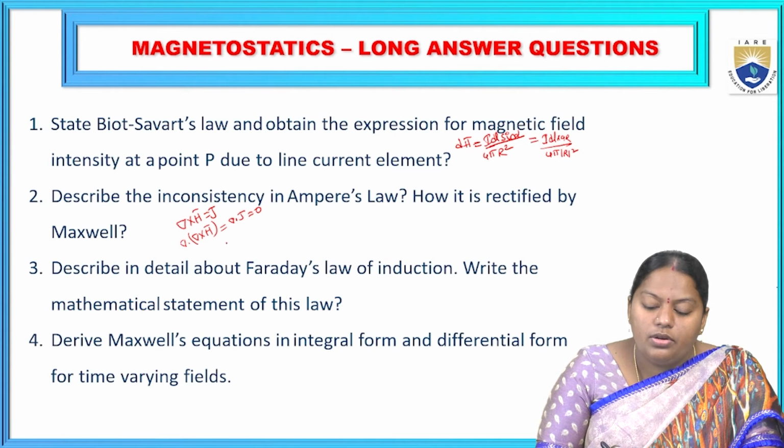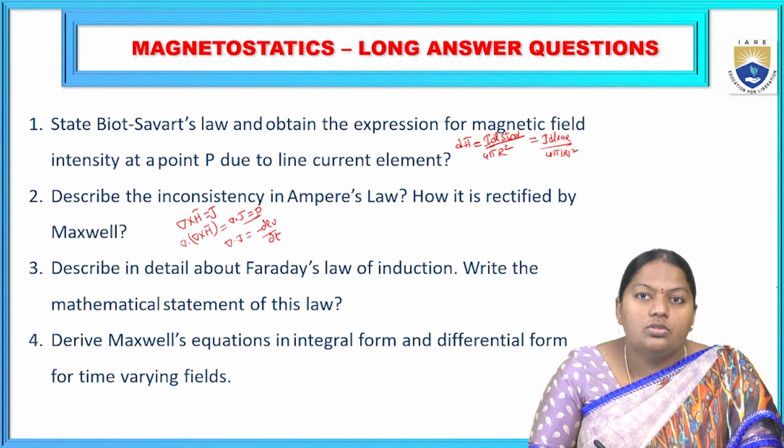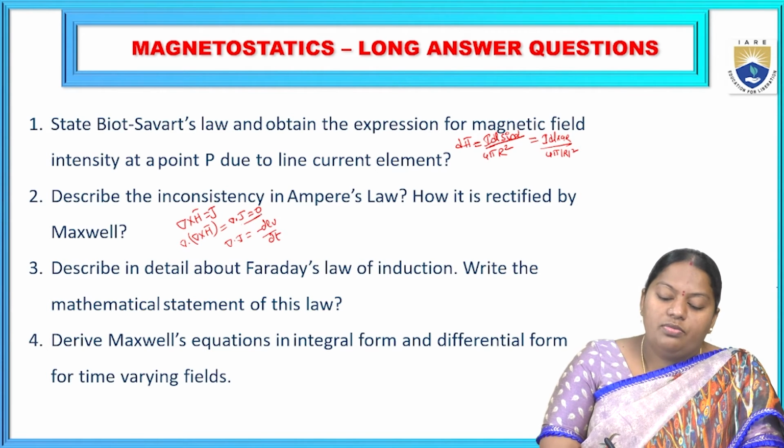But according to the continuity of current equation, del dot J is equal to minus dou rho v by dou t. So there is a contradiction in the formula.